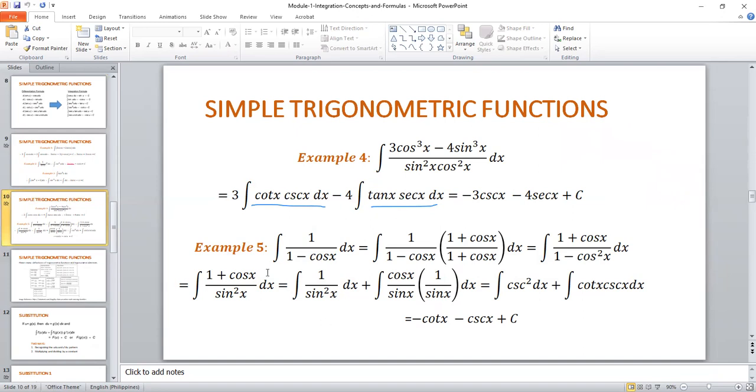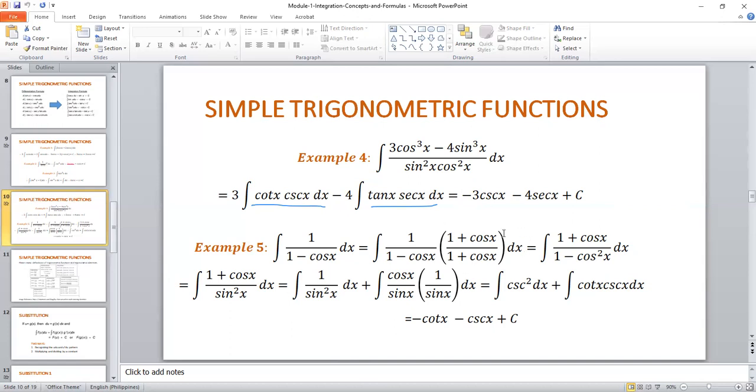Now, the last part here is when you have 1 over 1 minus cosine x dx. Now, I would like to borrow probably 3 more minutes. Whenever you see, class, a denominator which is 1 minus a particular trigonometric expression, sine or cosine, you multiply it by an equivalent expression to 1.